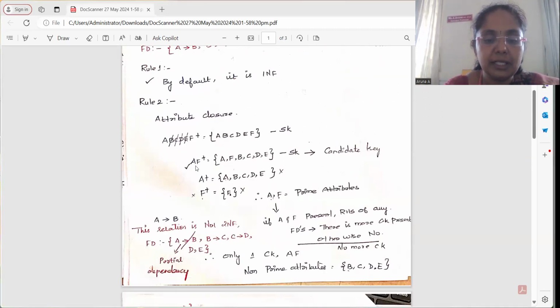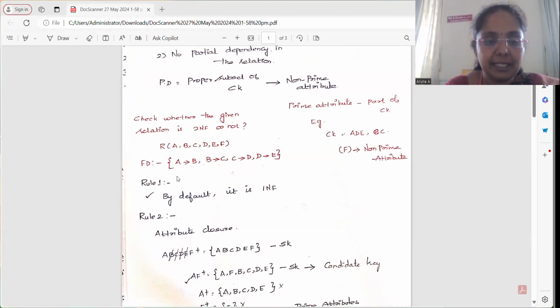So we can conclude that this particular relation is not in second normal form because it contains partial dependencies. How can we eliminate these partial dependencies? We have to convert it into 2NF. Only by using decomposition can we split our table, and the decomposition should be lossless.